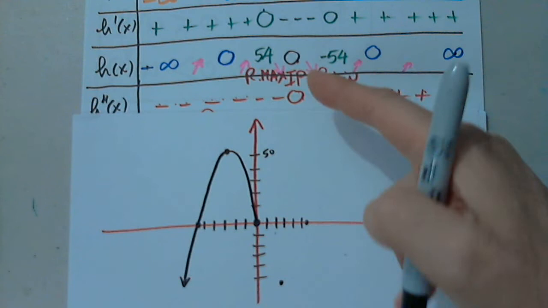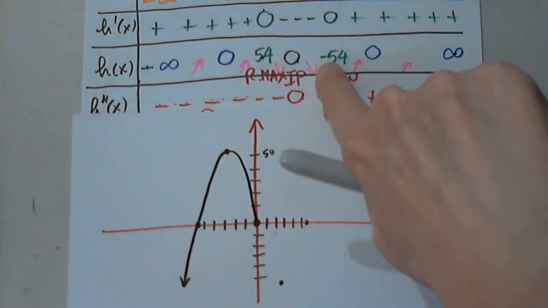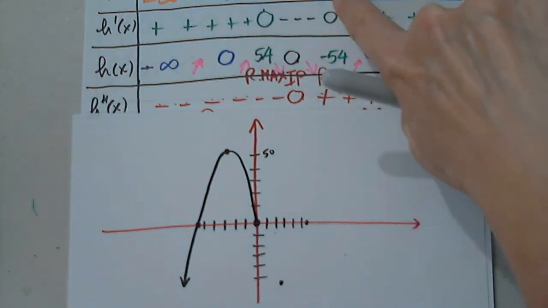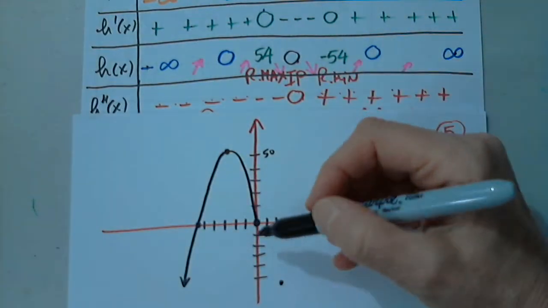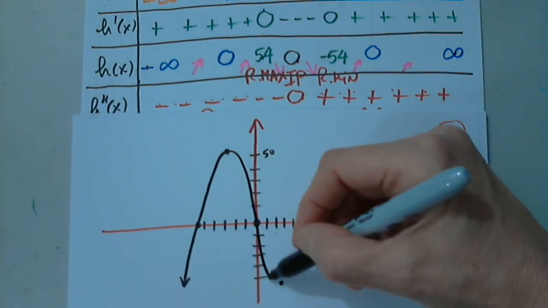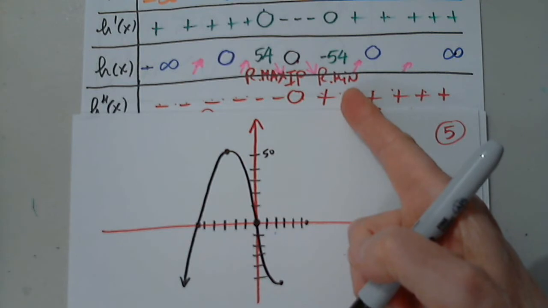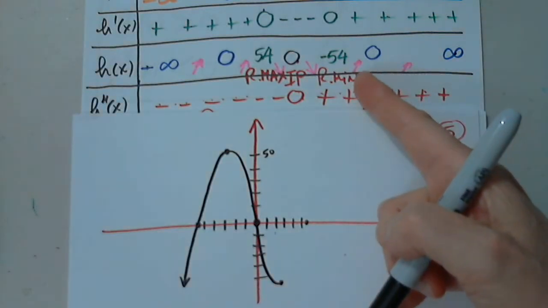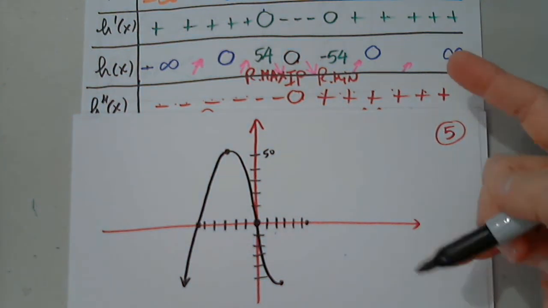At the inflection point, it will change concavity. It will decrease to the relative minimum, opening up. It gets to the relative minimum. It's increasing now, crossing the x-axis and going to infinity.